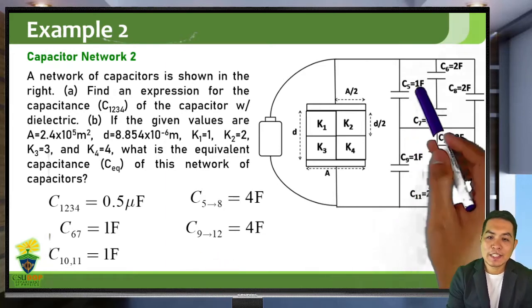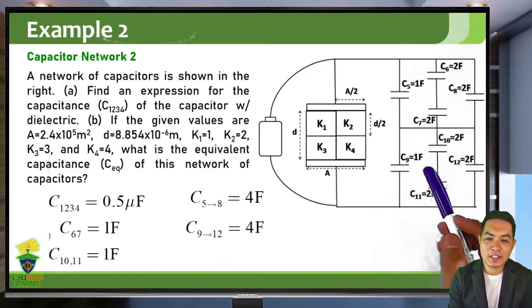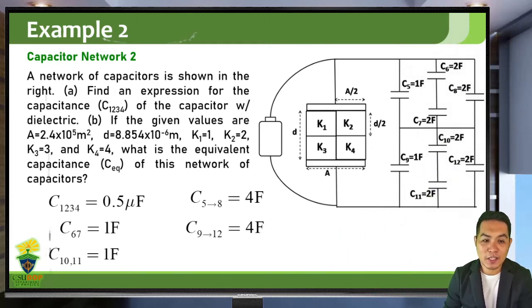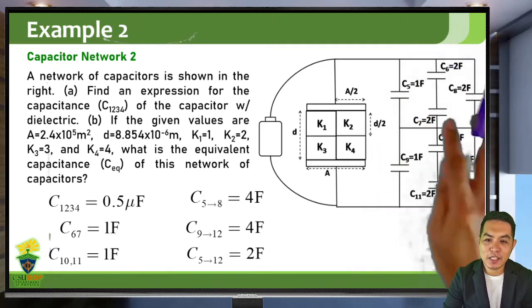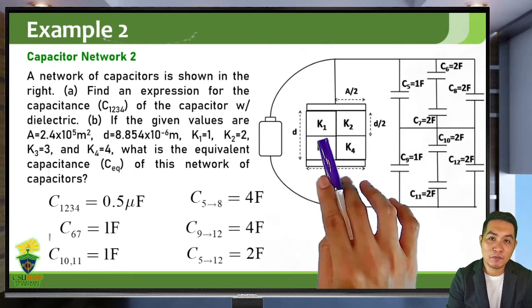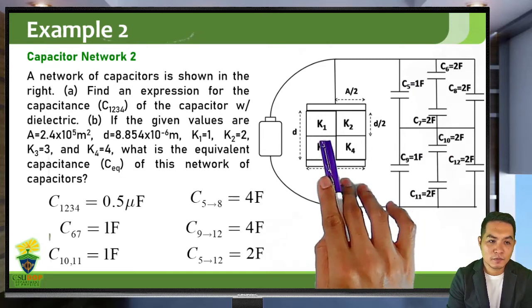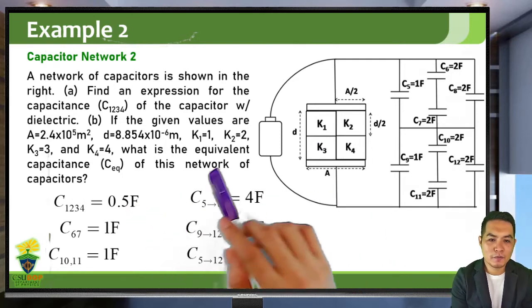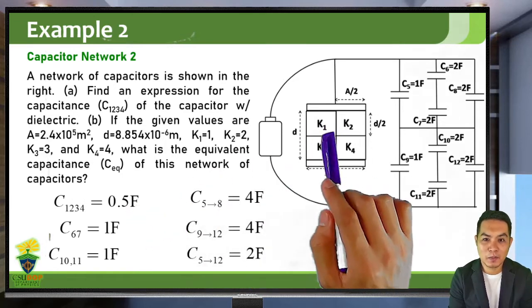So C5 to 8 here is in series with C9 to 12. So you use the series formula, and you will get 2 farad. So finally, you have this whole branch here is 2 farad, and it's in parallel with the 0.5 farad capacitor with the dielectric.